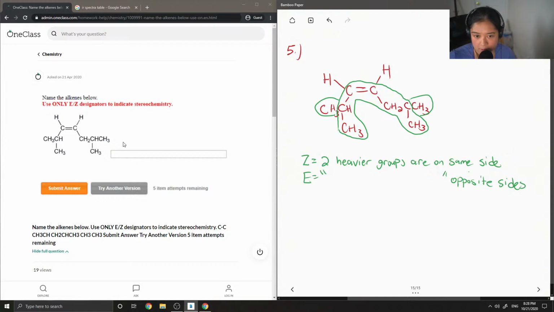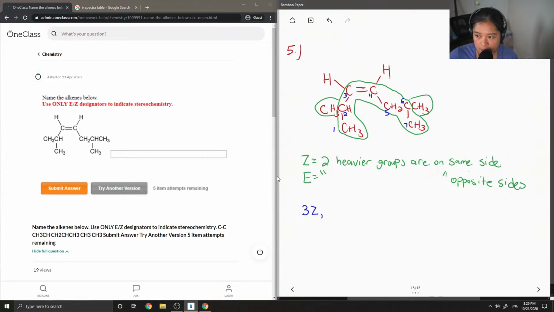So if you look at our molecule, you'll see that the two heavier groups are on the same side. And I'm just going to also count out the carbons in our parent. So we have 7 carbons, and carbon 3 is where the double bond is. So I'm also just going to write 3Z, since our heavier groups are on the same side, on carbon 3.